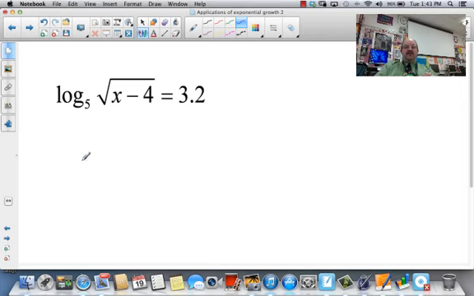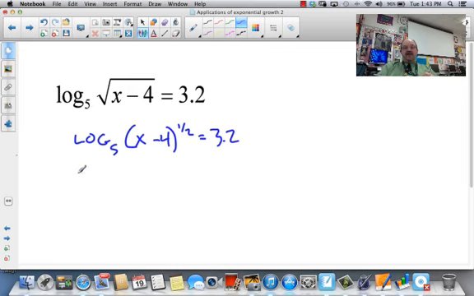So then we do something like this. Log base 5 of the square root of x minus 4 equals 3.2. So we all know that that's log base 5 of x minus 4 to the 1/2 power equals 3.2.